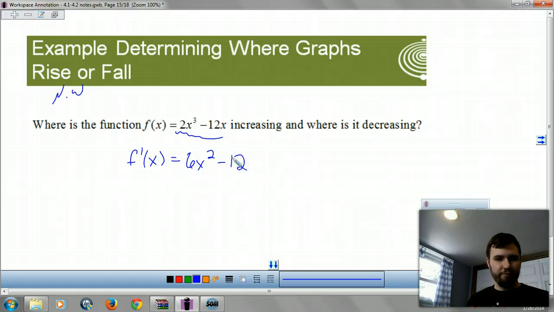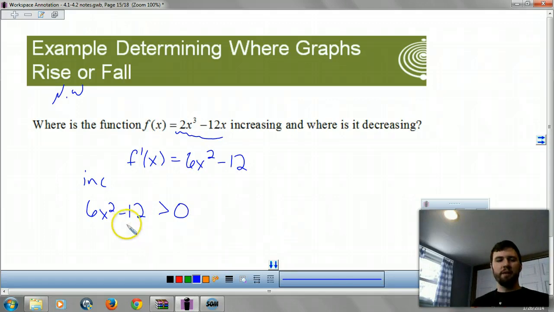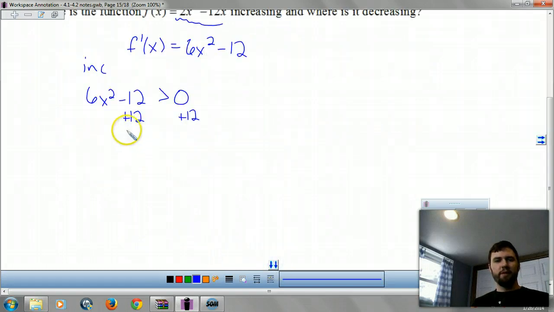To find out where I'm increasing, I set this 6x squared minus 12 greater than 0, not or equal to, greater than. So I add 12 to both sides. We get 6x squared greater than 12. Divide by 6, x squared is greater than 2.